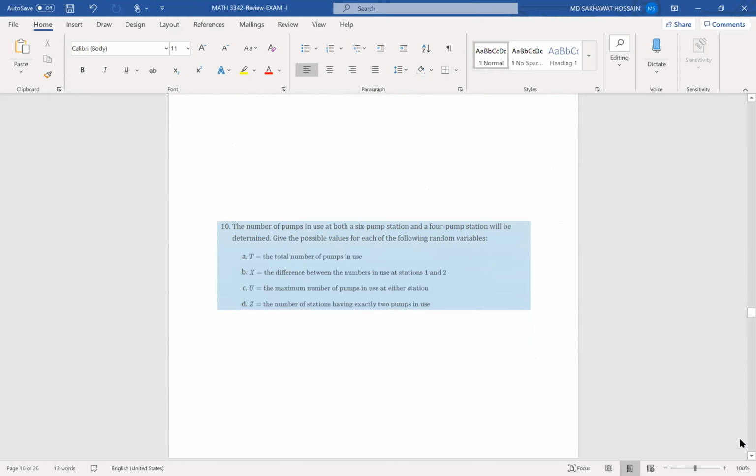Okay, so number 10, the number of pumps in use at both stations. One pump station has 6 pumps, and another pump station has 4 pumps. Now give the possible values for each of the following random variables. Part A, T is the random variable for the total number of pumps in use. We have 6 pumps here and 4 here, so the maximum could be 10.